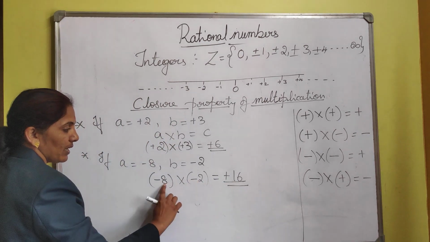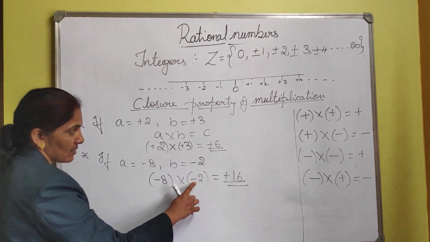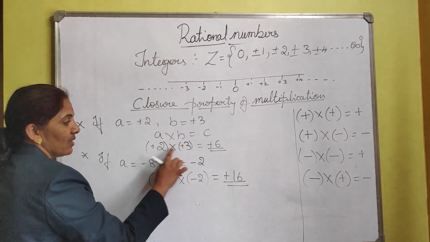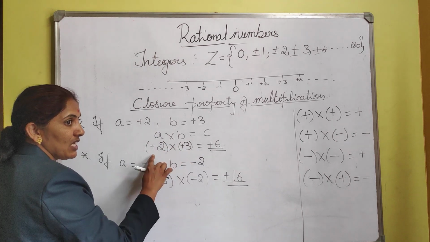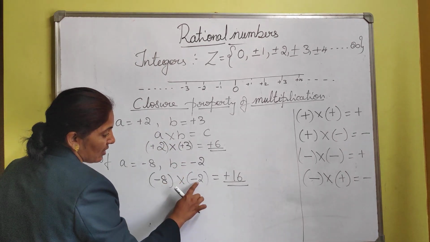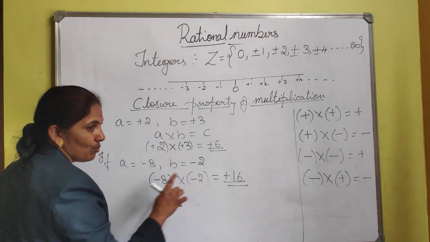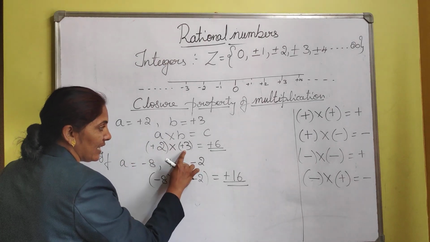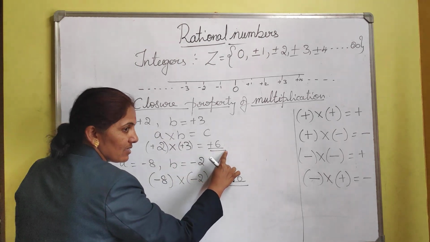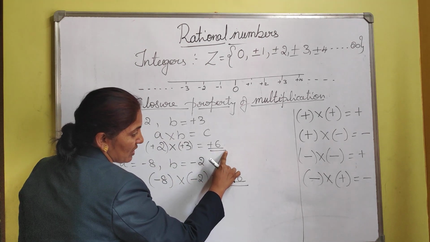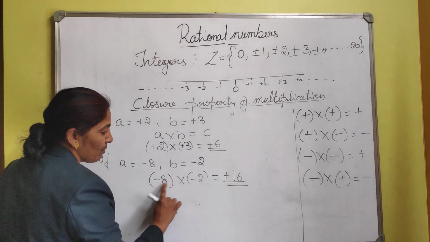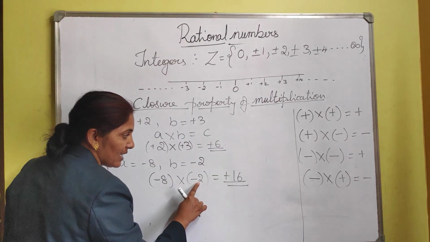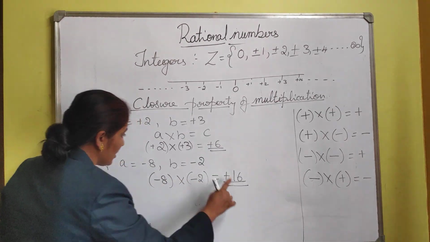Here both have the same signs, which means like signs. When we multiply any two like signs, we always get a positive integer.